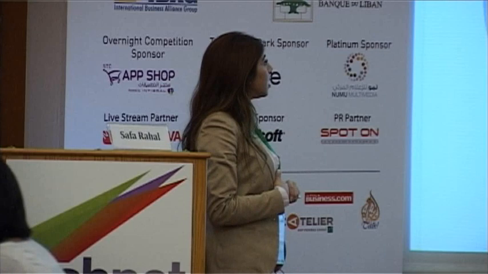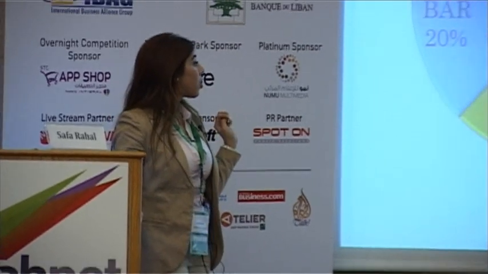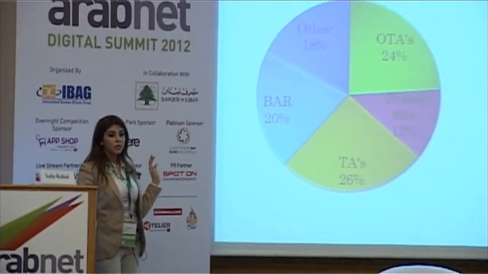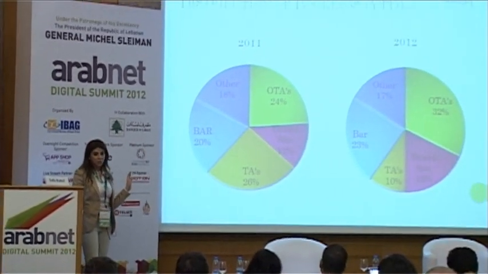Our case study will be talking about the shift of the distribution of bookings for hotels, mainly derived to online. I'm going to show you a short picture of how our distribution of bookings has changed since 2011 to 2012. In 2011, we had 24% of our bookings distributed through OTAs. For our brand website, it was 12%, and travel agencies were about 26%.